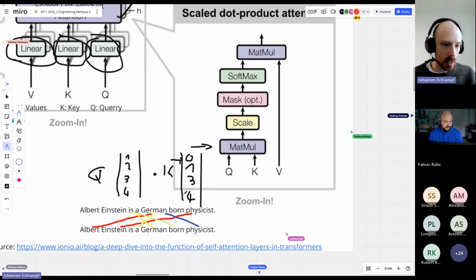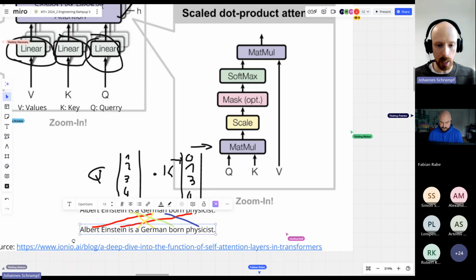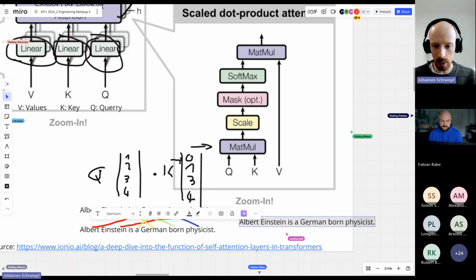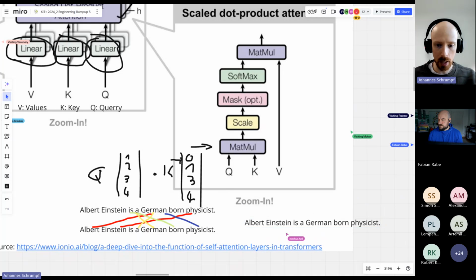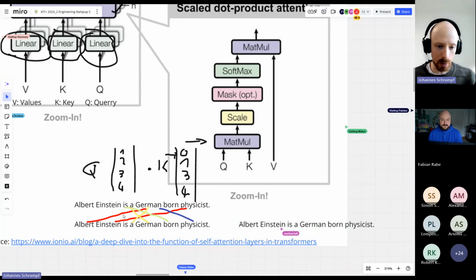The second time it happens, we still have the same sentence, but now the sentence gets multiplied not with itself, but with all these differently colored connections that I drew here. These connections represent the importance of one word to itself or to another word.